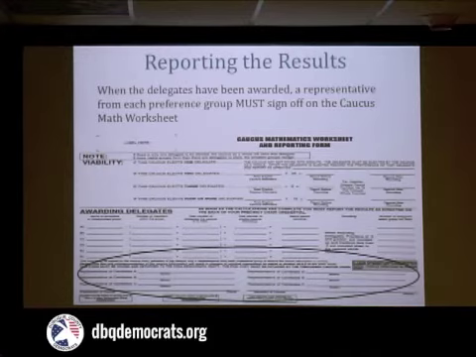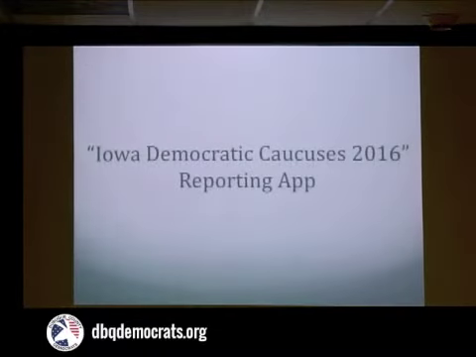This is more or less that each preference group had someone sign off and say, yes, the math was done correctly, this process was fair, I am certifying that these results are what happened at the caucus, they can report. Get that sign-off before you report results, and then you can start actually reporting.